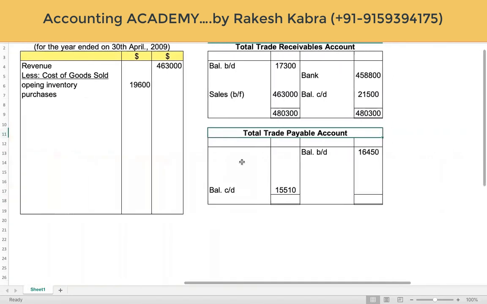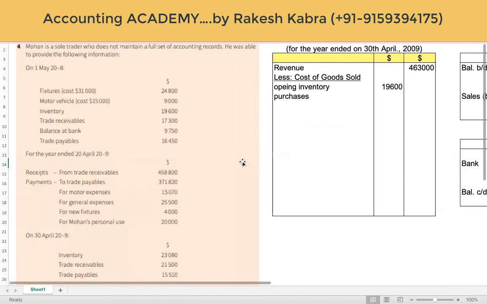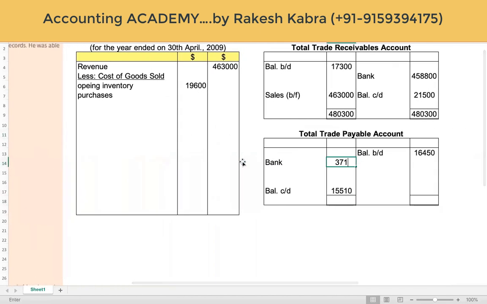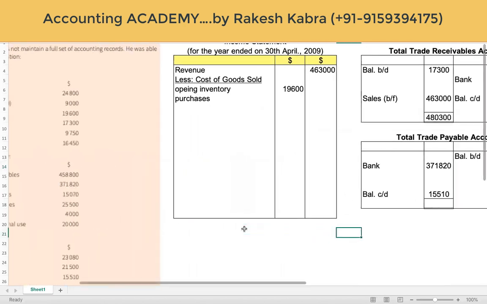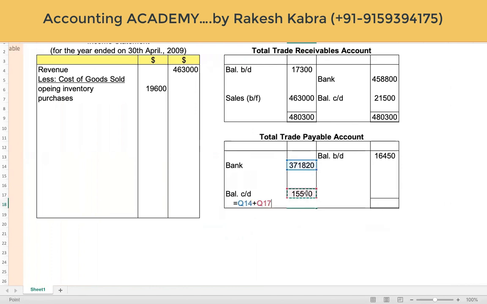Decrease in liability is debit, so I will write on the debit side 371,820. Now compare both sides. There is no trade discount received, otherwise I would have recorded that.